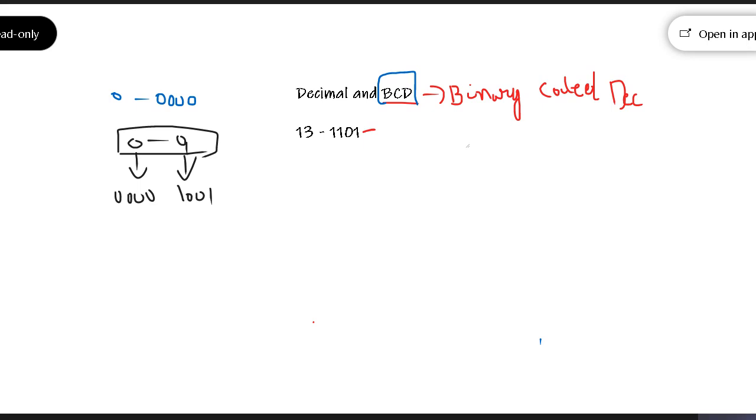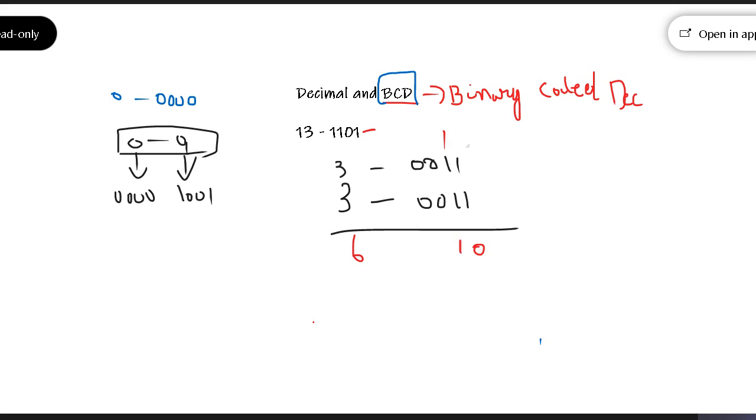So when adding in BCD, I want to add 3 plus 3, which is 0011 and 0011. If I add it directly, 3 plus 3 is 6. 1 plus 1 is 0 with a carry, again 1 plus 1 is 3.